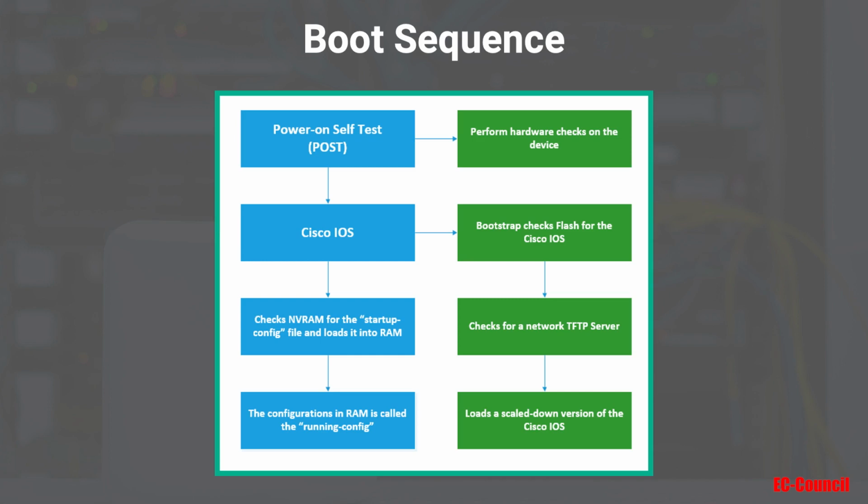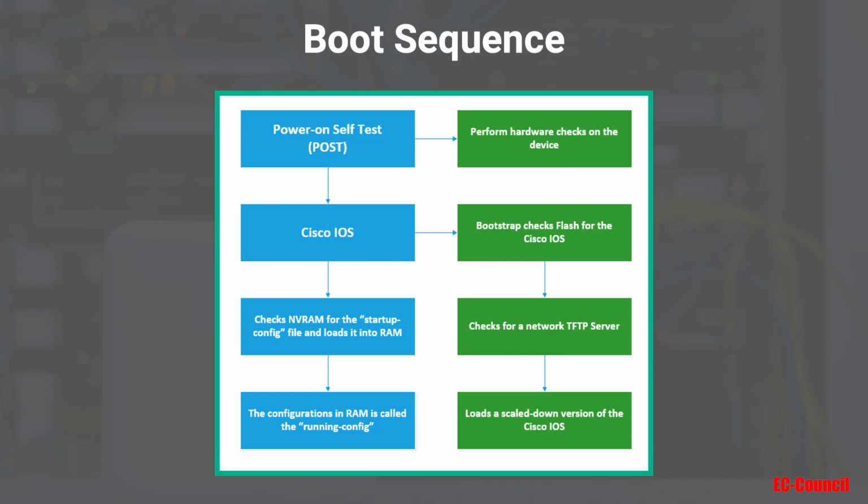After the power on self-test, it moves on to loading the bootstrap, which checks the flash of the device for the operating system. The purpose of the bootstrap is to locate the operating system in flash and put it in RAM. But what if the operating system is missing from flash?